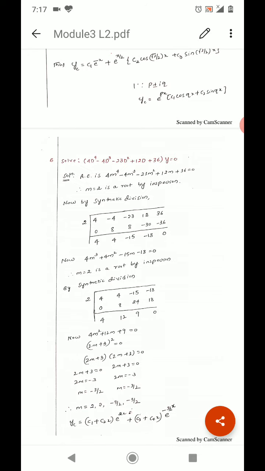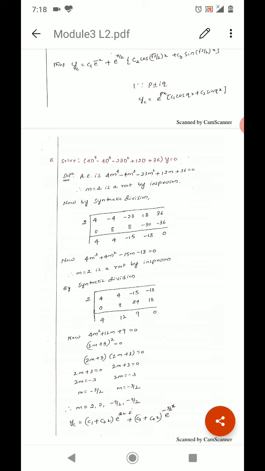Next problem: 4D power 4 minus 4D cube minus 23D square plus 12D plus 36 of y equal to 0. This is already in the form of f of D into y equal to 0. So directly we can write the auxiliary equation for this.